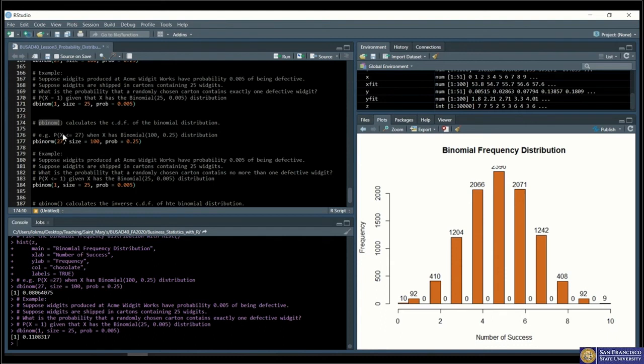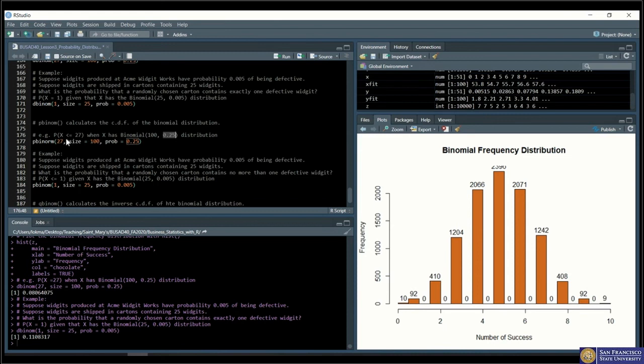The p binomial function gives you the capability to ask: what is the probability for x equal to some value or below? So we're looking at the probability on the left-hand tail of the distribution. Let's suppose we're given a binomial distribution with 100 trials, and the probability of success is 0.25.